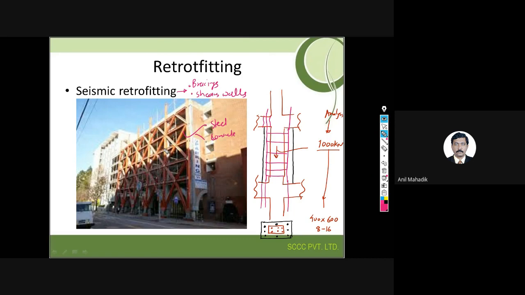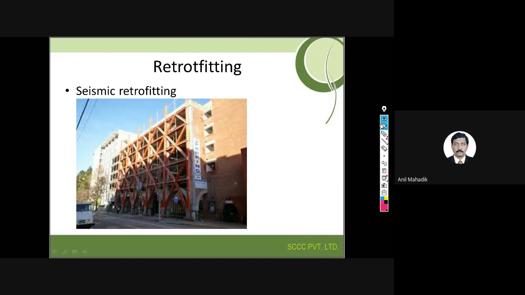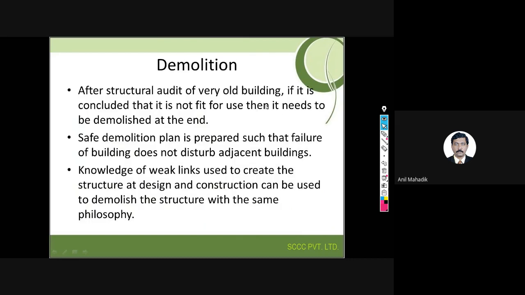To understand the whole process of structural engineering, structural audit, you should understand the basics first. We are going to take those basic sessions so that you will understand what is done.